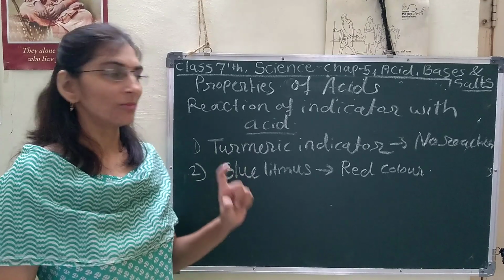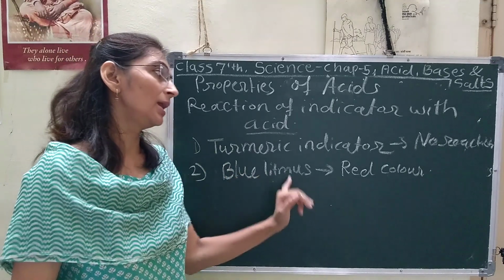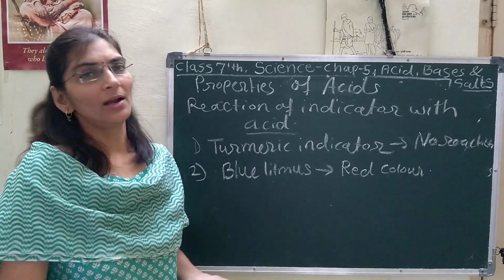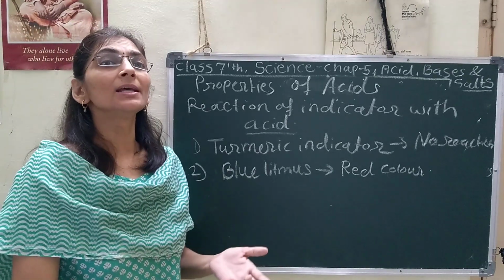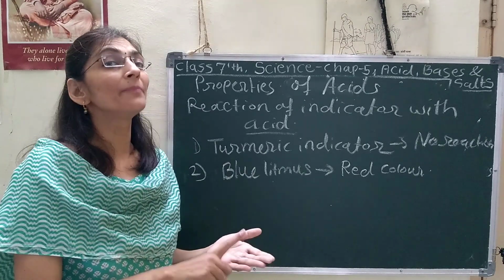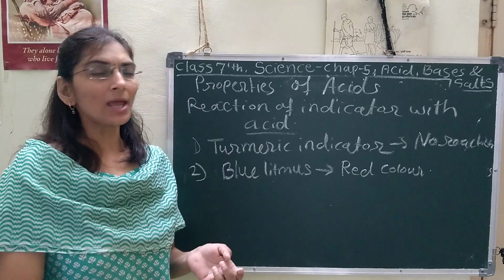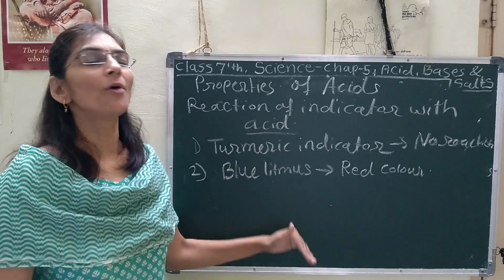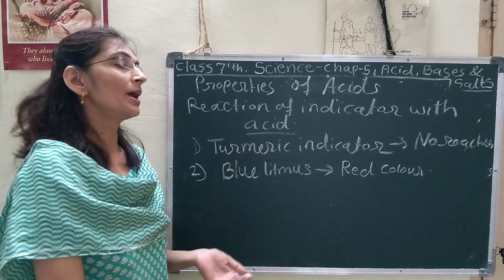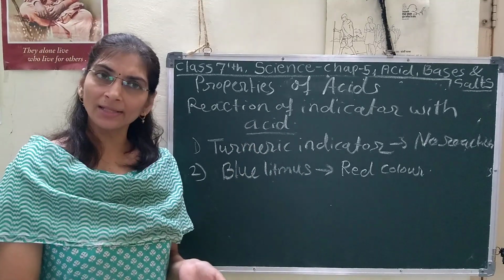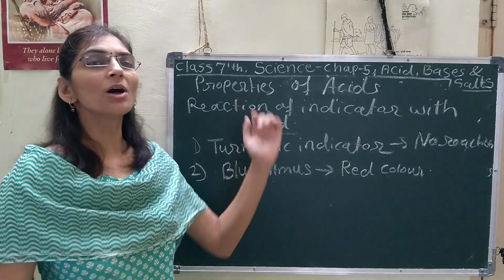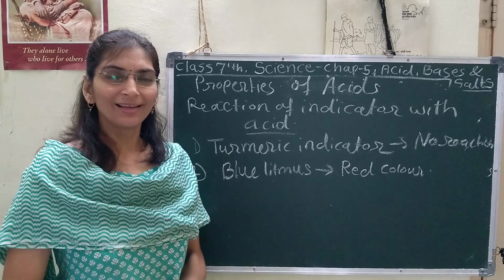So here blue litmus paper only will show the reaction. And phenolphthalein indicator will remain as it is, means there will be no change, no reaction. Okay. So these were the properties of acid. In our next lecture, we will discuss similarly the properties of bases. Okay. Thank you.